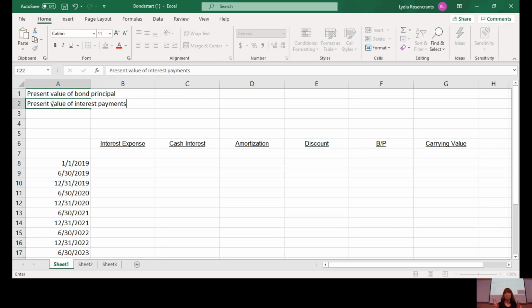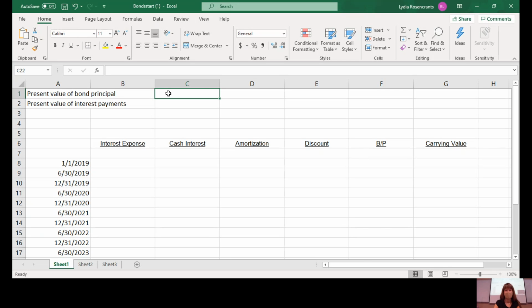So the bondholders are getting 2 cash flows, and we have to find the present value of both of those cash flows. So the principal, I'm just going to write it out this time, just so we have it. Okay, so what they're getting is $80,000 at the end of 5 years.